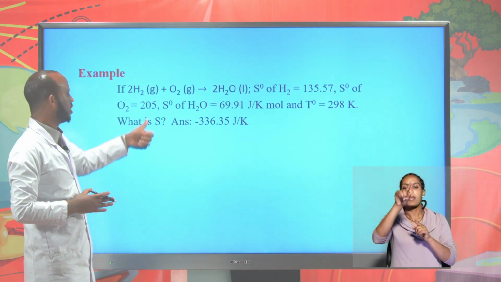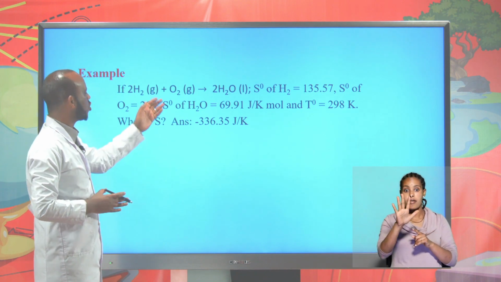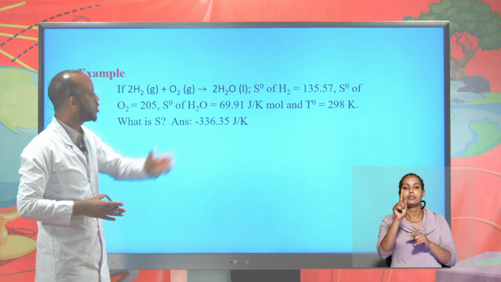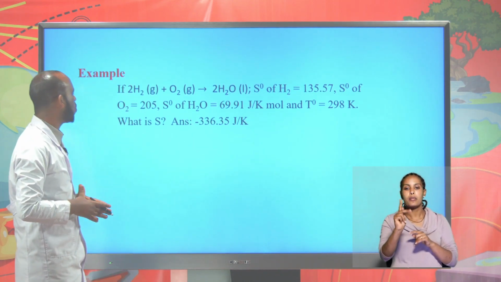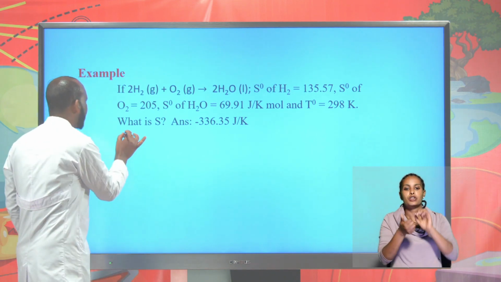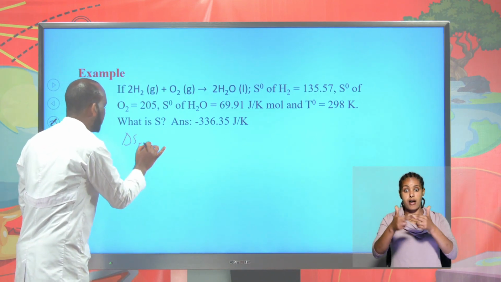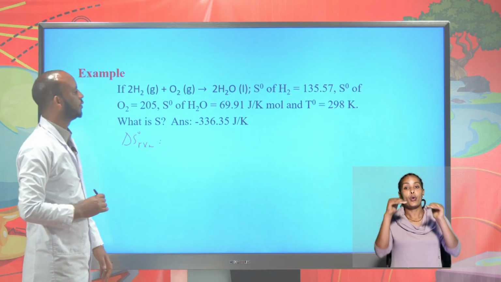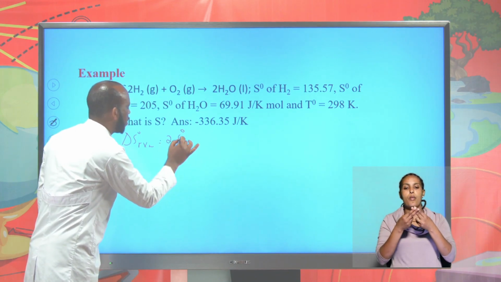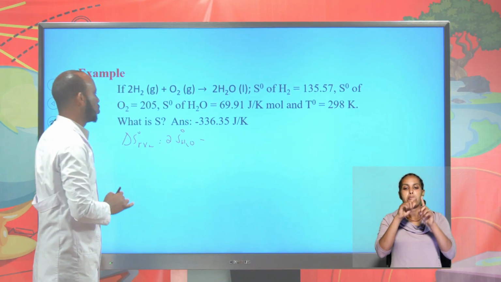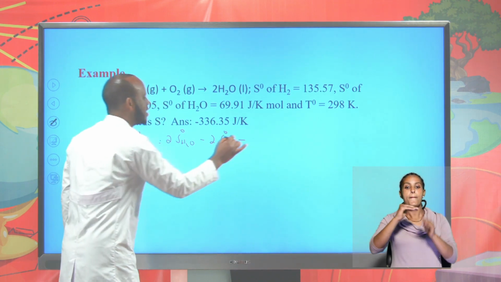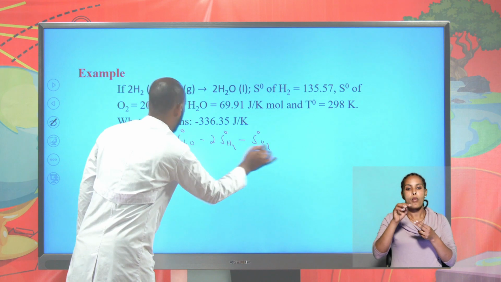Molar entropy of oxygen is 205. Molar entropy of water is 69.91 joule per Kelvin mole. And temperature is 298 Kelvin. What is delta S? The change in entropy, delta S, for the given reaction equals 2 times molar entropy of water, minus 2 times molar entropy of hydrogen, minus 1 times molar entropy of oxygen.